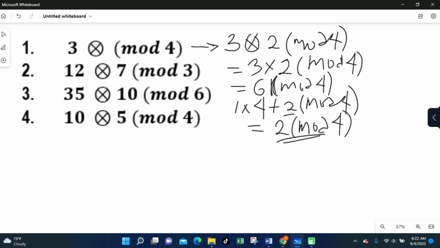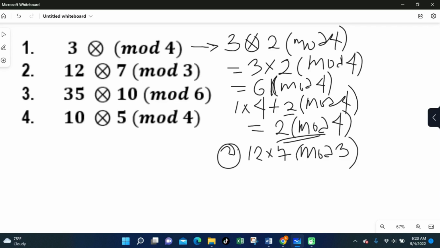Now let's look at the next one. We're asked to multiply 12 times 7 in mod 3, in a consistent manner.